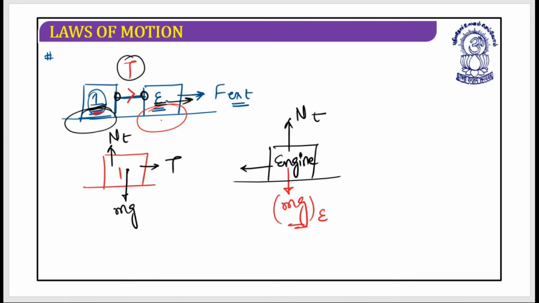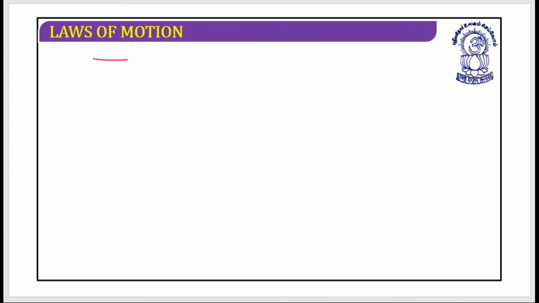So this is away from the system. This is the tension that is acting on the engine. This is the free body diagram of the system, and now you understand what the tension is. Is it clear? Are you sure? Can you do this? Great. Let's have one more situation.